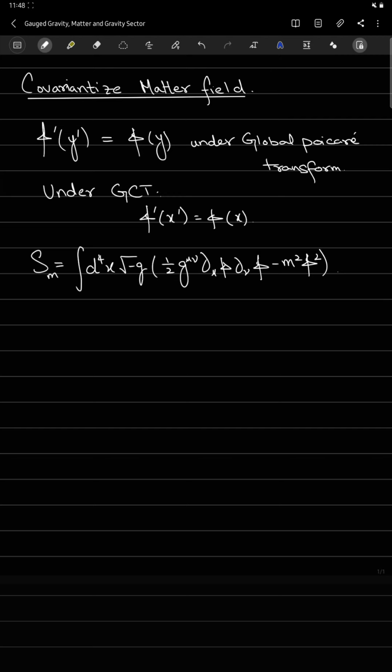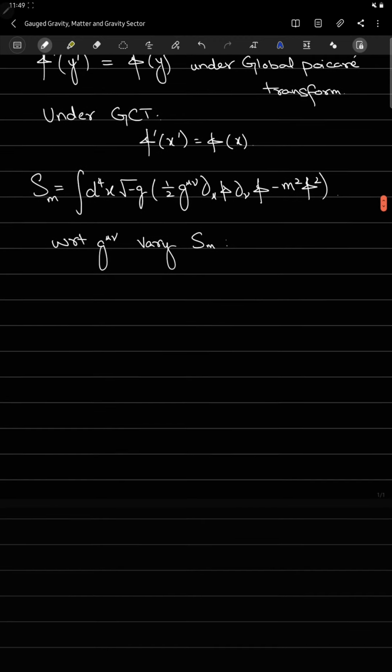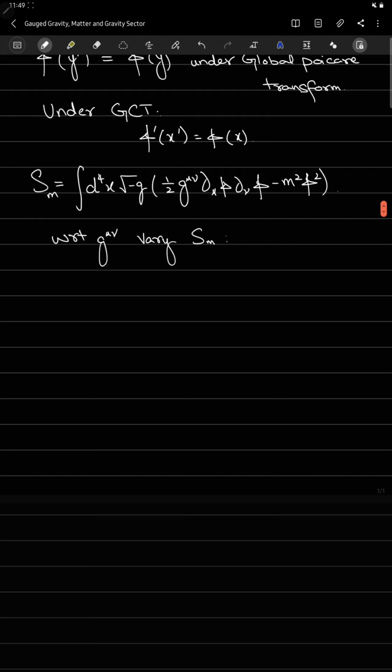Now, if I take the variation with respect to g mu nu, I vary the matter action. What do I get? Let me write it down. This is delta S of matter with respect to the g mu nu field, and all I'm doing is varying this action with respect to the field g mu nu.